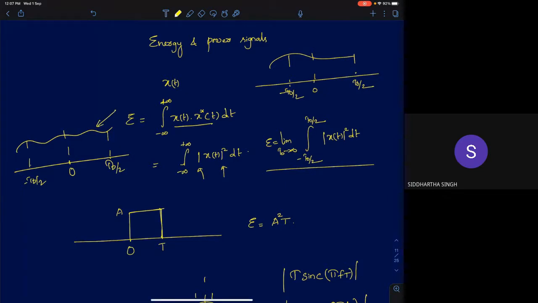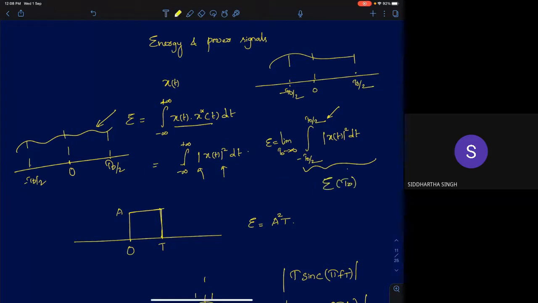So that's what I've written here. Limit of t naught tending to infinity, I'll come to that. So we'll first compute the squared integral of this signal between minus t naught by 2 to plus t naught by 2. Then we let t naught tend to infinity. So this value, energy computed within t naught, I'll write it as E of t naught.